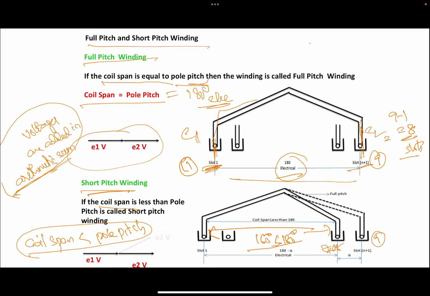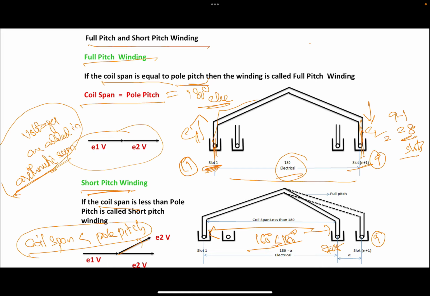So what actually happens in the short pitched winding? Previously, there was exactly 180 degrees phase opposition. Here E1 is upwards and E2 is downwards, both adding each other. Now as I am reducing the span, keeping the other winding in fewer slots, the induced EMF will not be added in arithmetic manner.